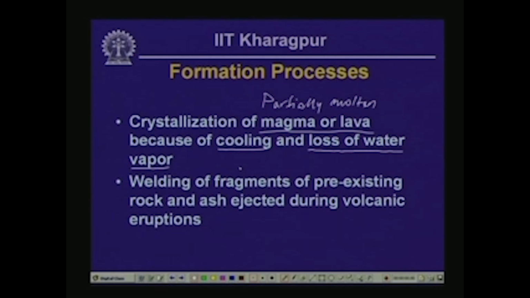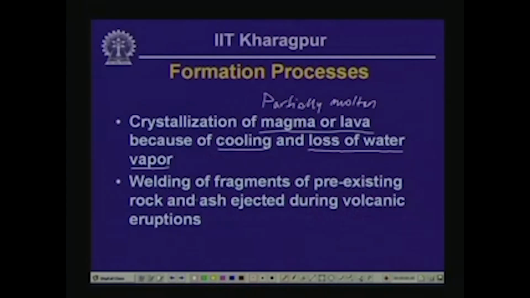Now, how does cooling take place? As is very intuitive, cooling takes place when magma or lava comes into contact with surrounding cooler rock mass, or when it is ejected to the surface and comes into contact with the cooler atmosphere.